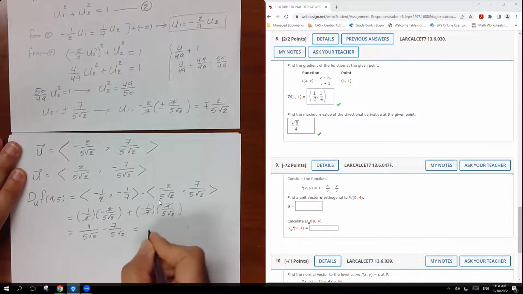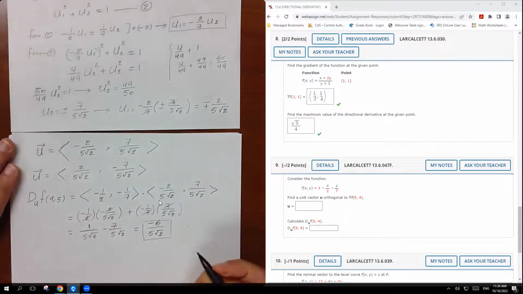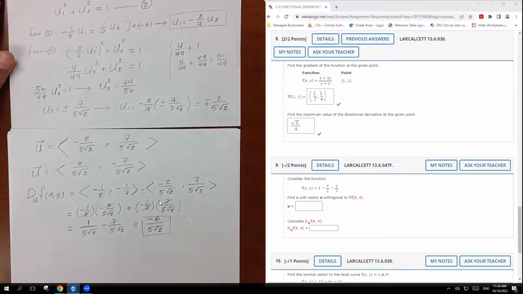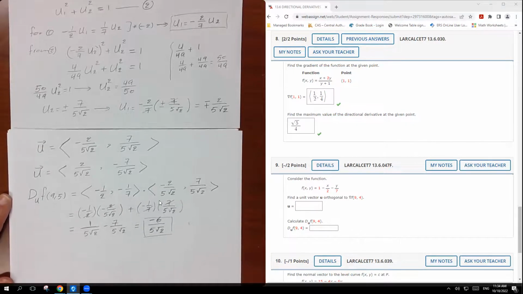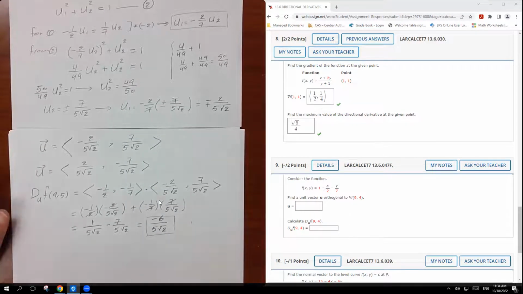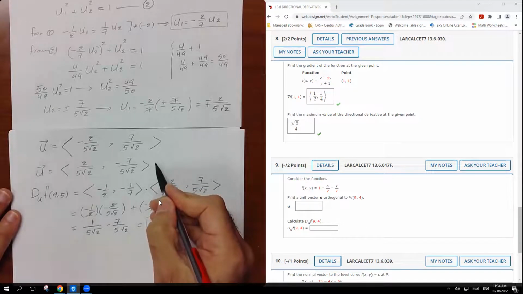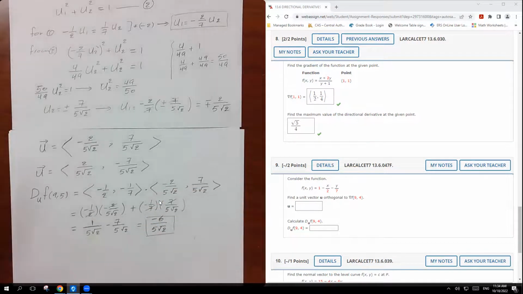And the result, we have the same denominator, 5 square root of 2. 1 minus 7 is going to be negative 6. So you're going to do the same thing, but you're going to choose a different point. And if you choose the second unit vector, it's going to be the same result. So don't worry about that. Both are going to be right.